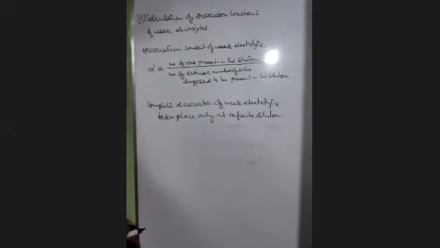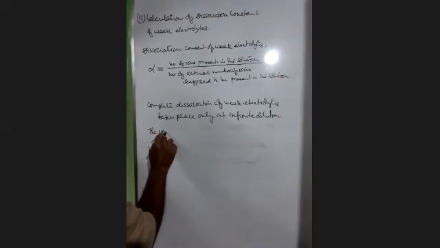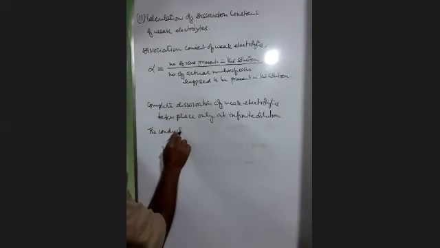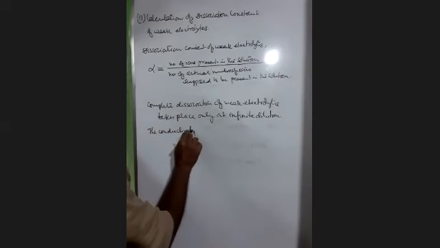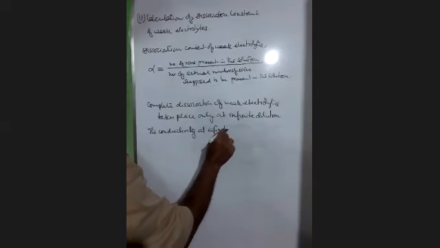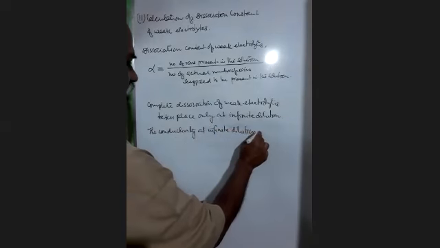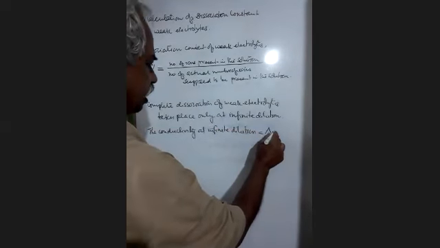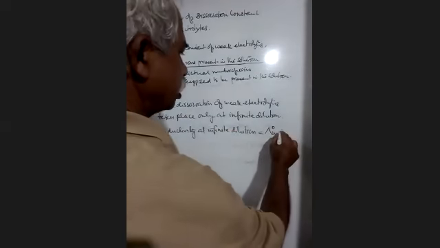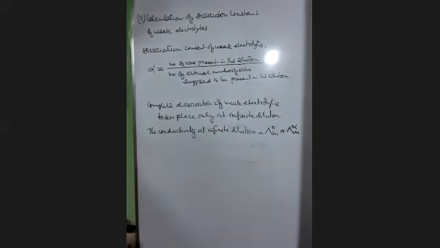Okay. So what is the conductivity at infinite dilution? Conductivity at infinite dilution is called lambda m0 or lambda m infinity. All right.